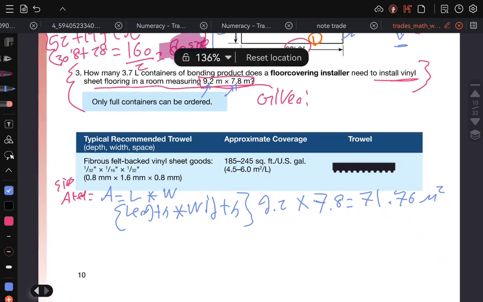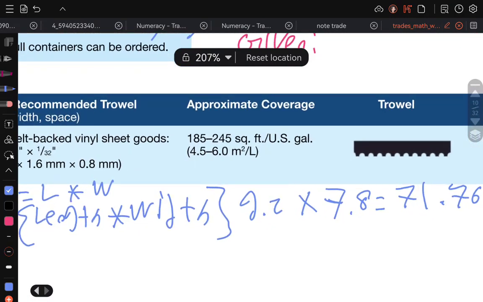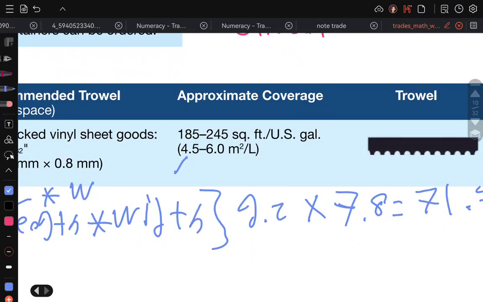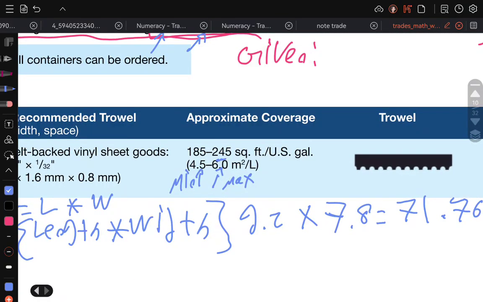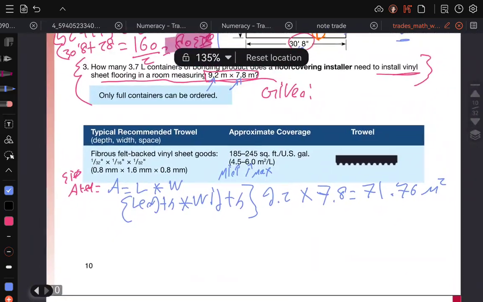Now, as you can see, the question gave us a minimum and a maximum. This one is min, and this one is max. Now let's calculate the required liters for each one. Each liter covers between 4.5 and 6. Now let's do it right here.